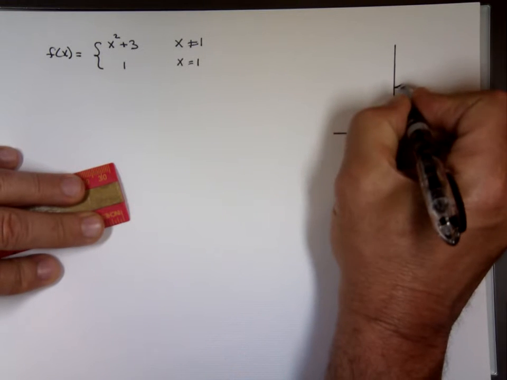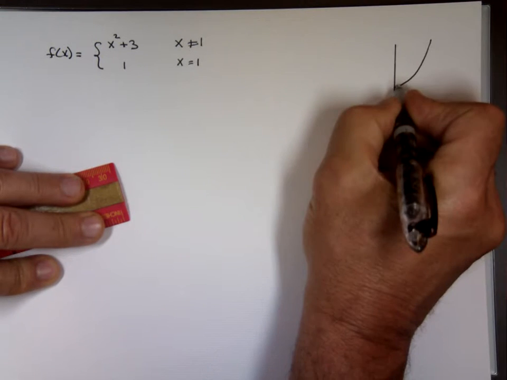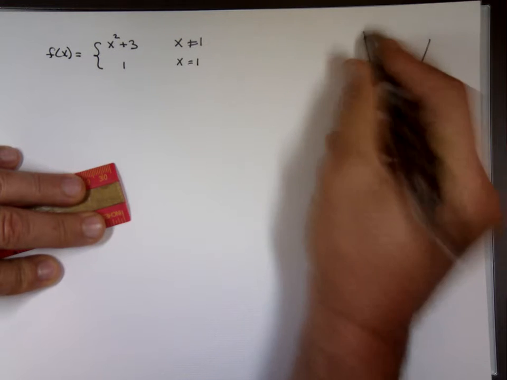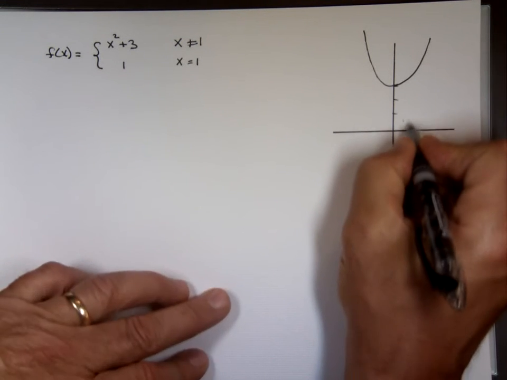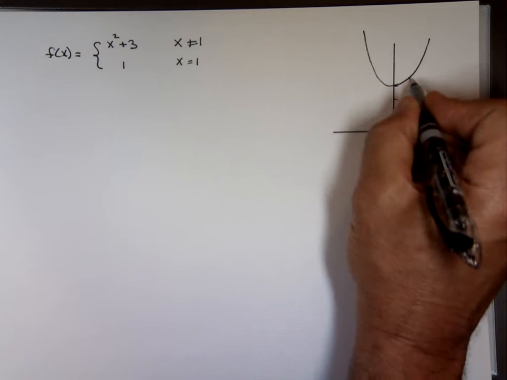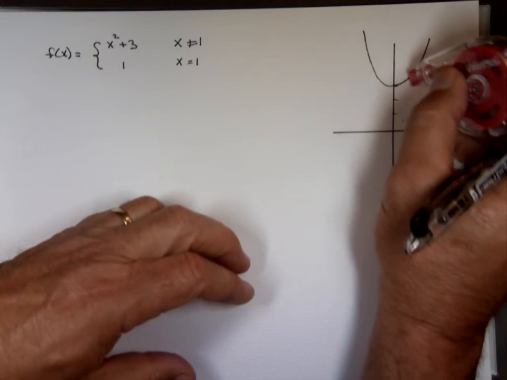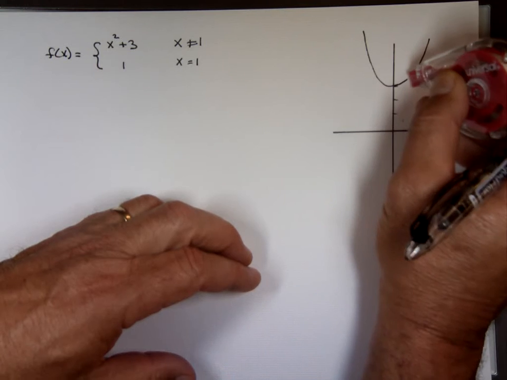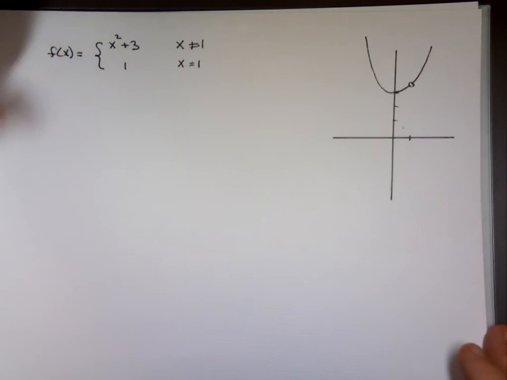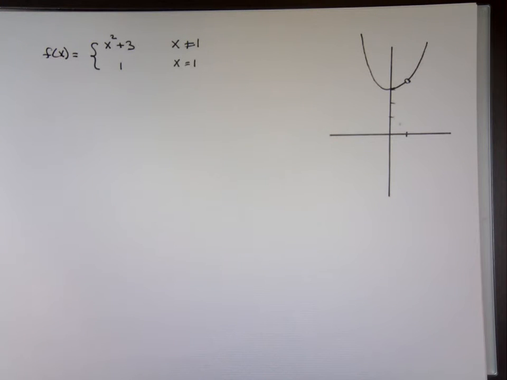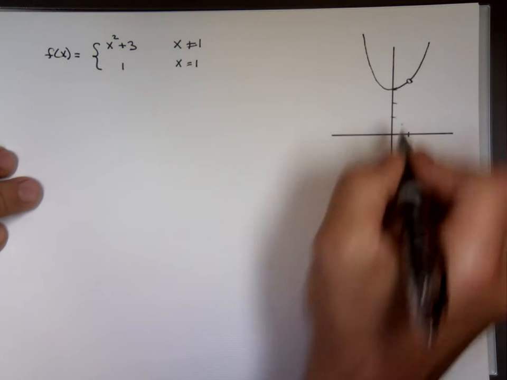So a parabola looks like this. The only difference here is what? When x equals 1 right here, I have a hole. So let me put a hole in it right there. I'm making the hole bigger, but normally much smaller than that. It's a single point. When x equals 1, it says the value is 1.